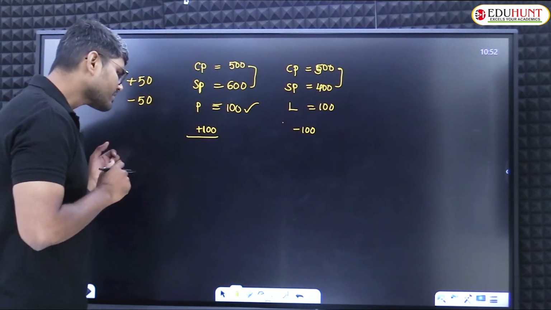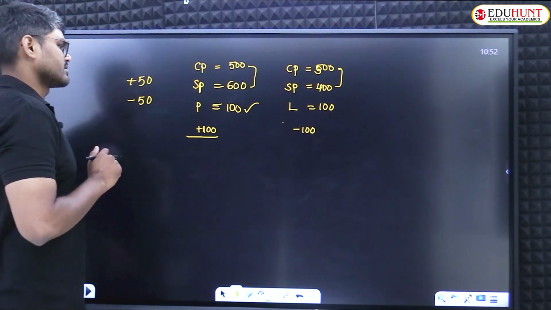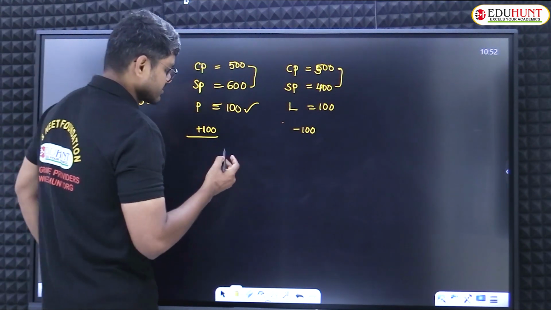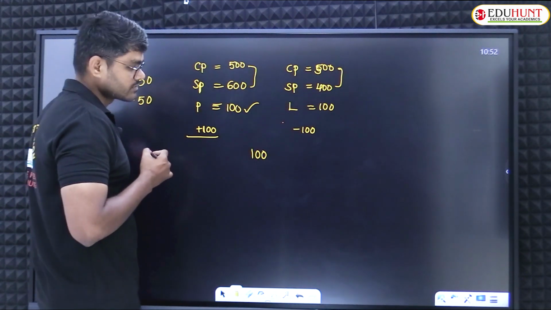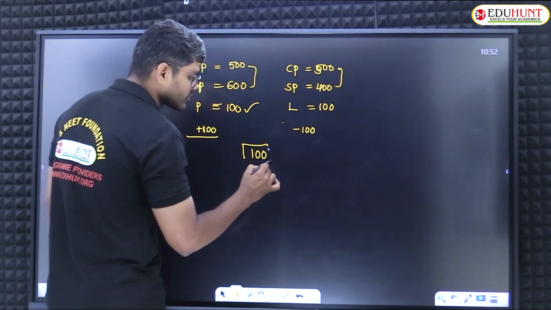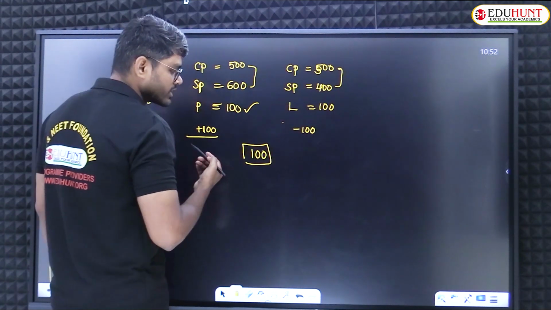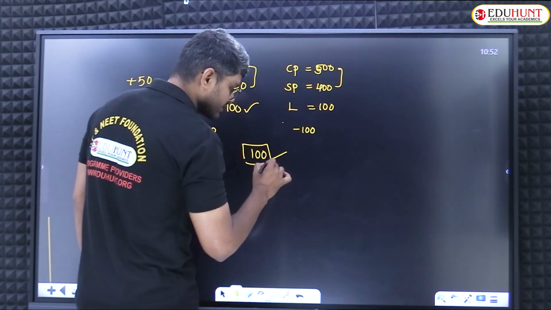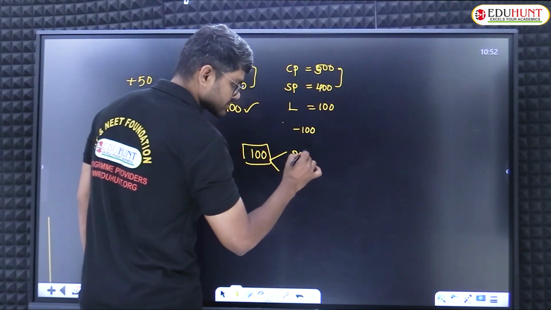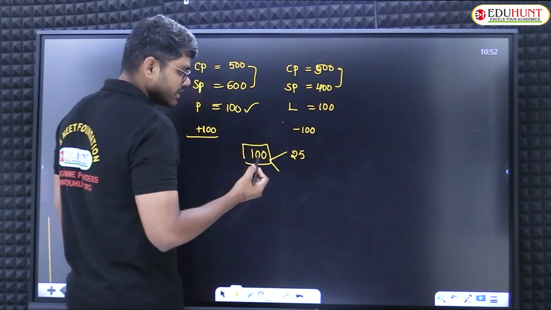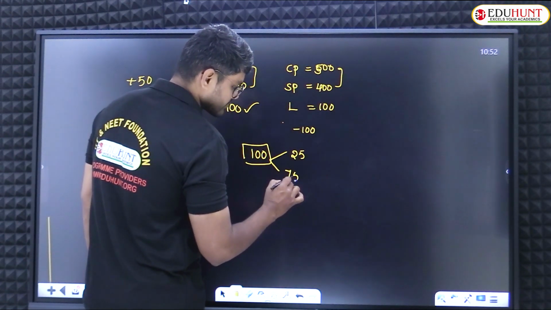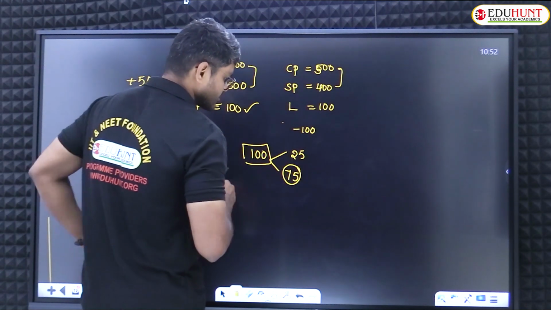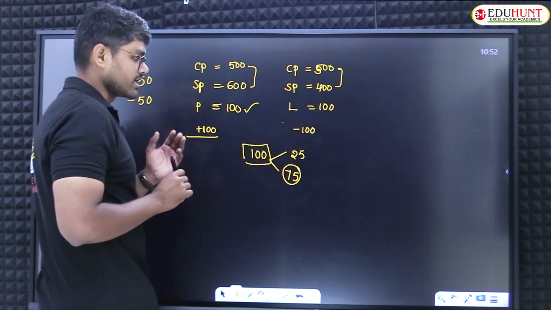Okay? Right. One more example I'll take. In a mathematics test, there are 100 questions. One student attempted 25 questions. Remaining all are left.